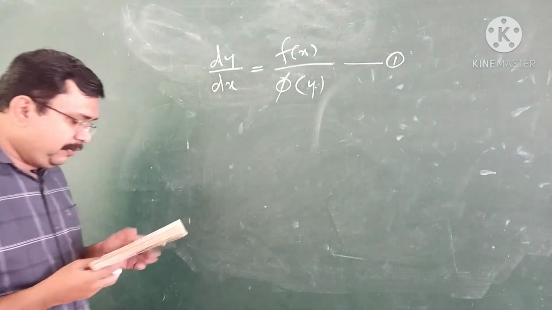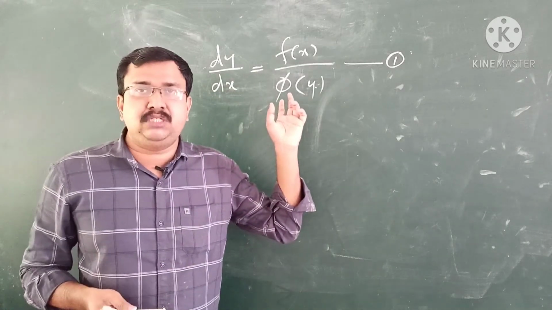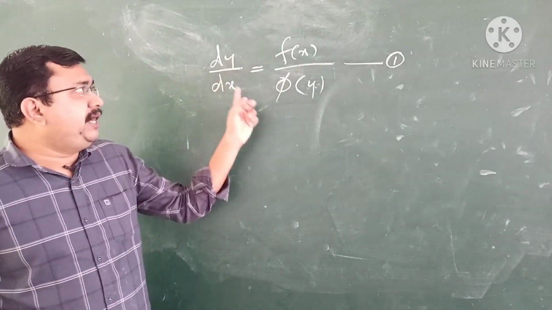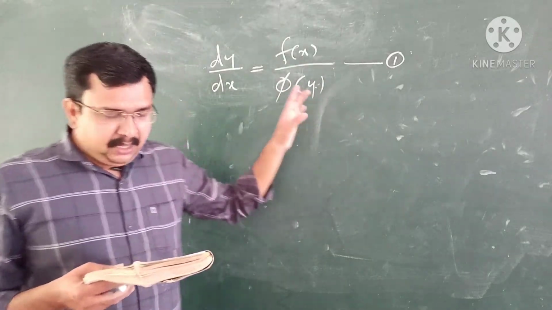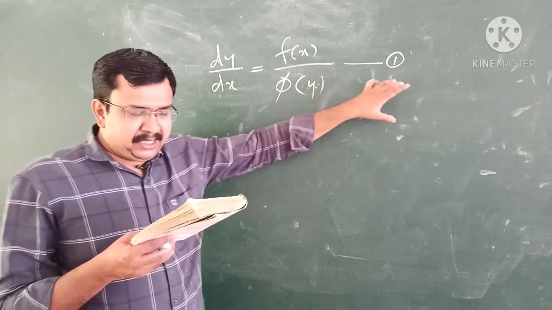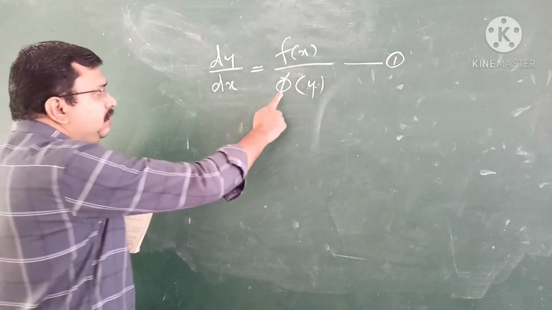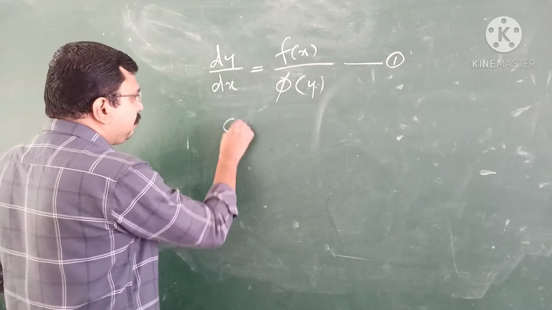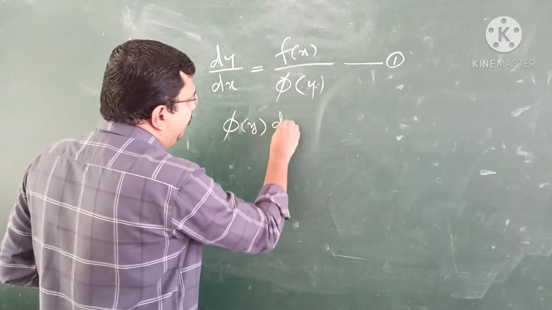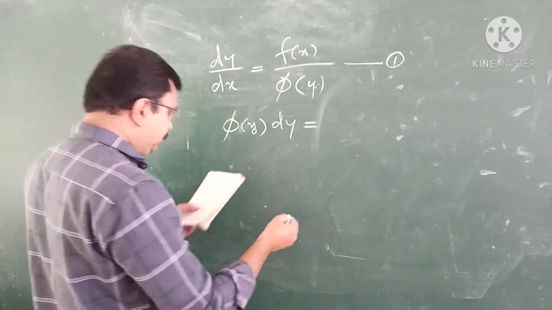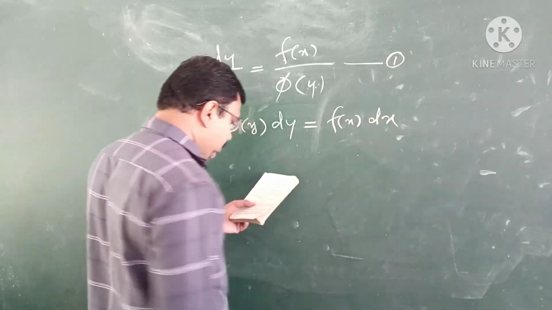Then by algebraic manipulations we can convert this equation into phi of y dy equal to f of x dx.